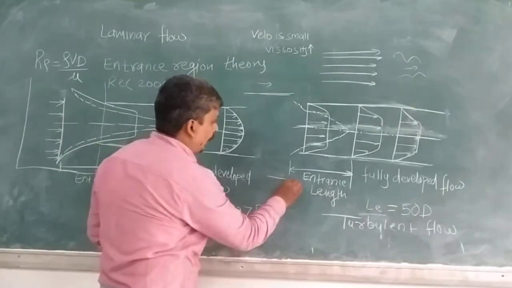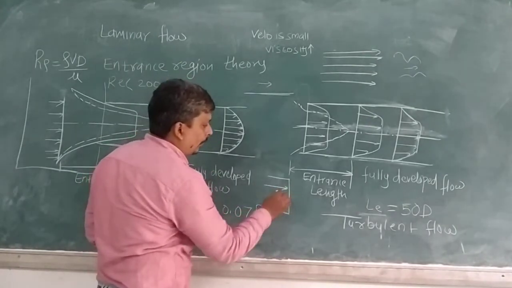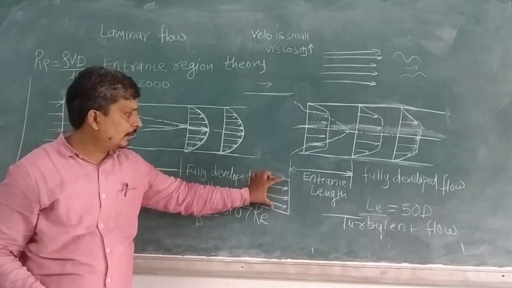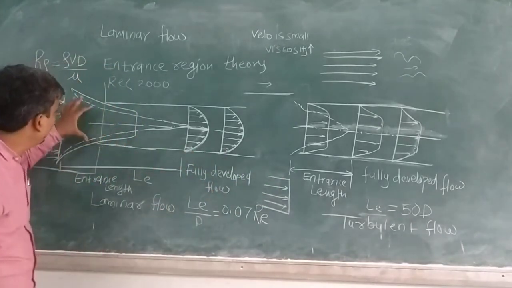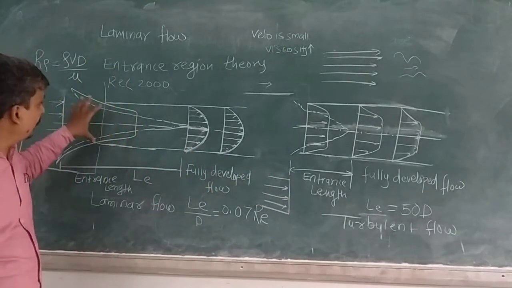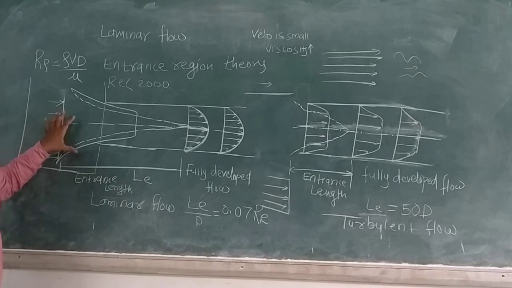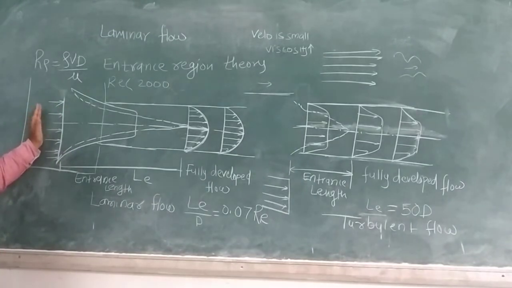This uniform velocity is shown like this. Whatever fluid enters the pipe at the entering side is shown as a uniform velocity. There is no variation in the velocity; it is entering uniformly.